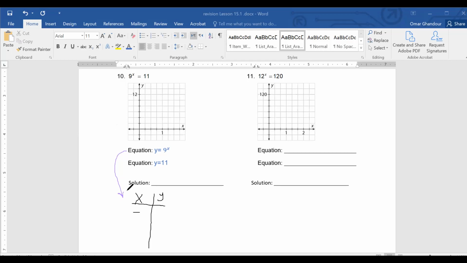Since it's not on the graph, I removed it, and I will start from 0. So I will have 0, 1, and then 2. And then let's start calculating.